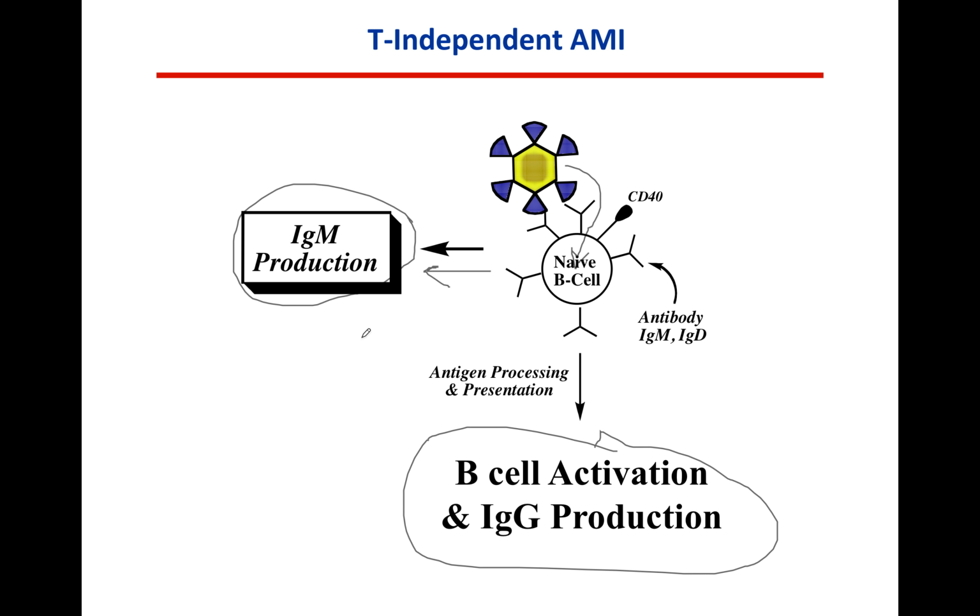So the point here is that you have IgM production in this initial step, but once the virus, or a particle that has these repeating subunits and is a protein, is taken up, then you can also get what you already know about.